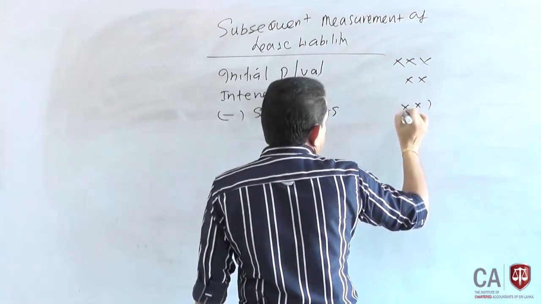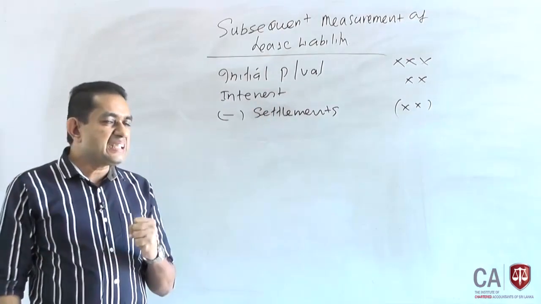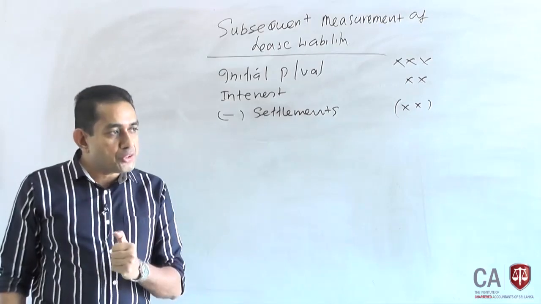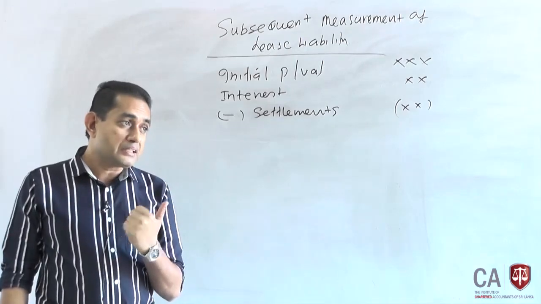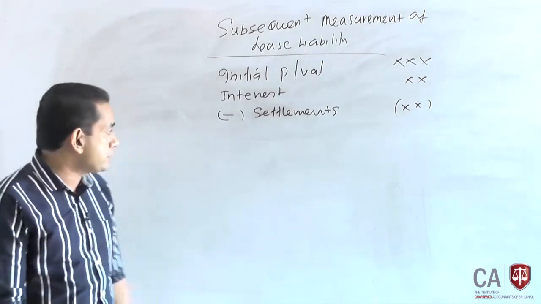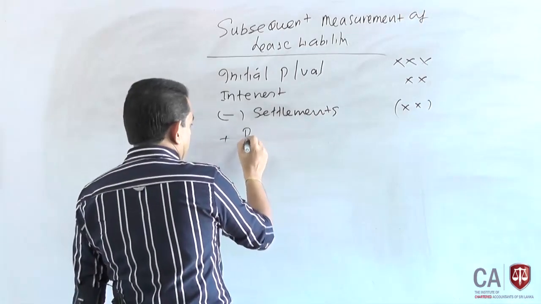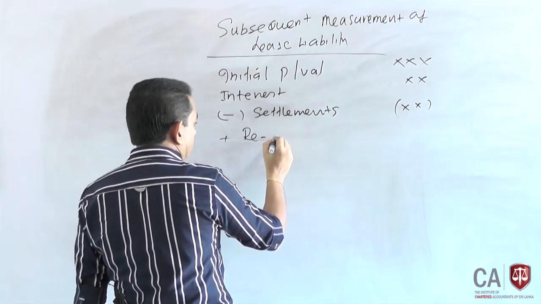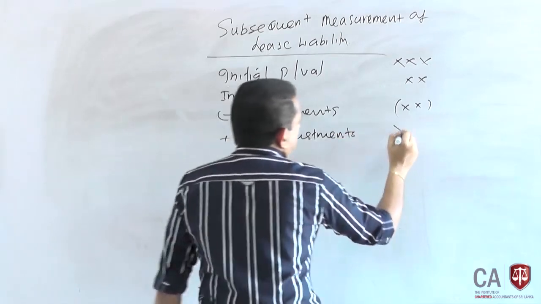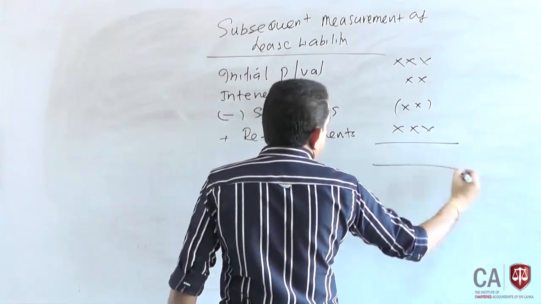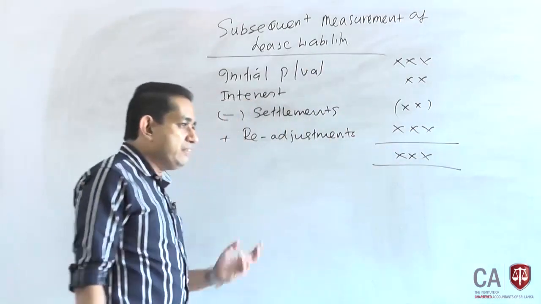Settlements are deducted, and sometimes certain adjustments are required for the remeasurement of the liability, like what we did in the previous example. For variable considerations, there was an adjustment to the lease liability, plus or minus readjustments, and this is how the liability should be measured subsequently. This is exactly what we did in the previous example.